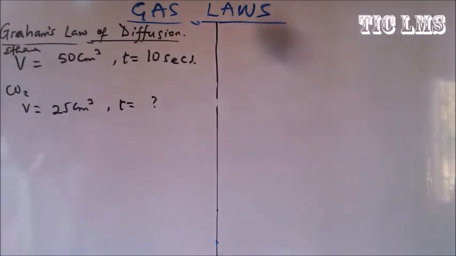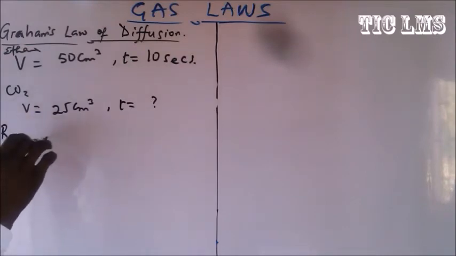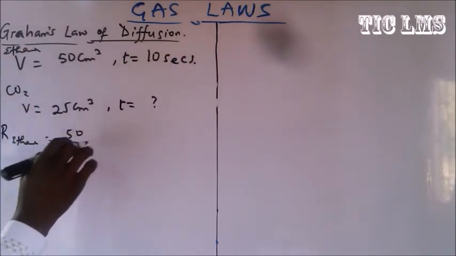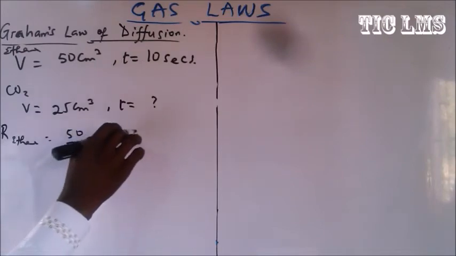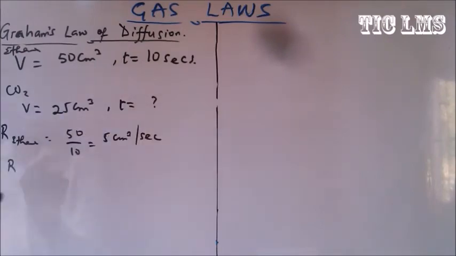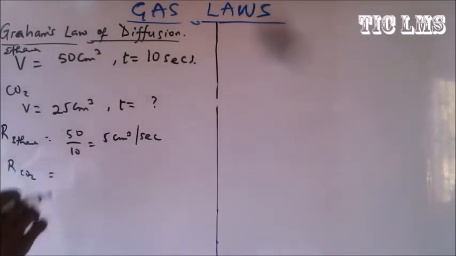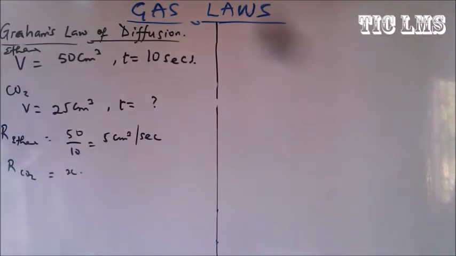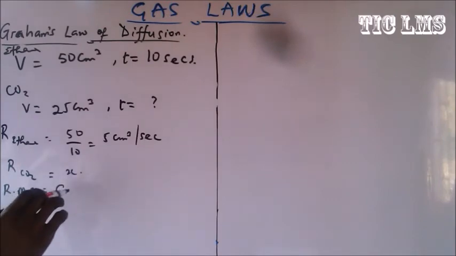Now for us to get this done, we can get our rates. The rate for ethane to effuse equals 50 over 10, and that is 5 cm cubed per second. We can't calculate the rate of diffusion for CO2 yet because we do not know the time, so let's have that as X. Next, we calculate the relative molecular mass of ethane, which is C2H6.